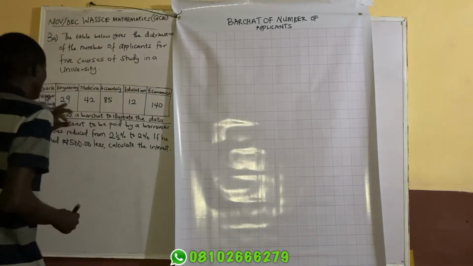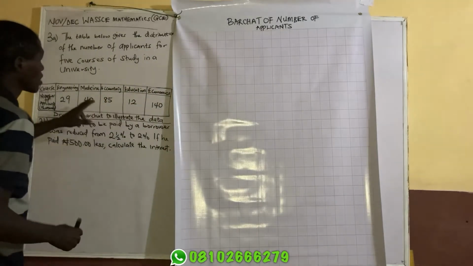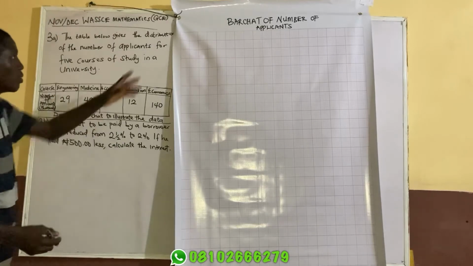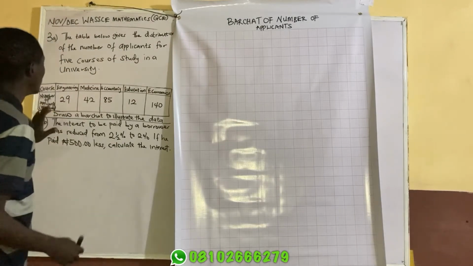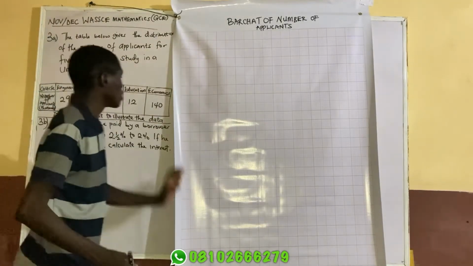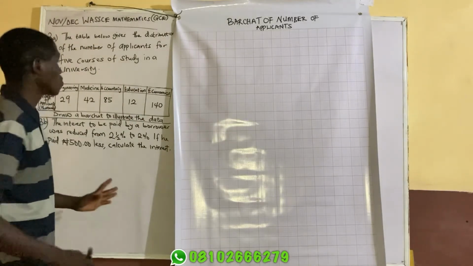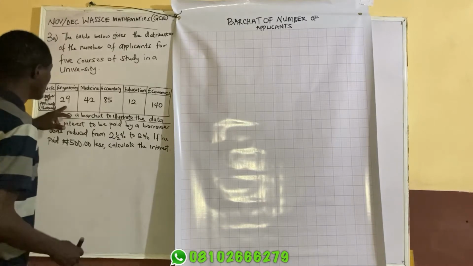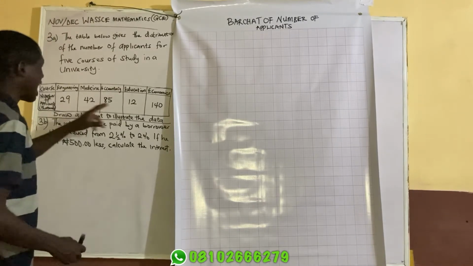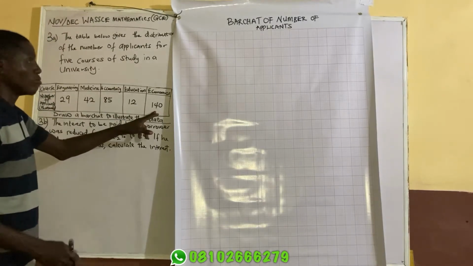Now, if you look at this very well, what scale will I use on my y-axis? Since I'm going to have my number of applicants on the y-axis, what type of scale will I choose to suit this question? The highest number we have here is 140.